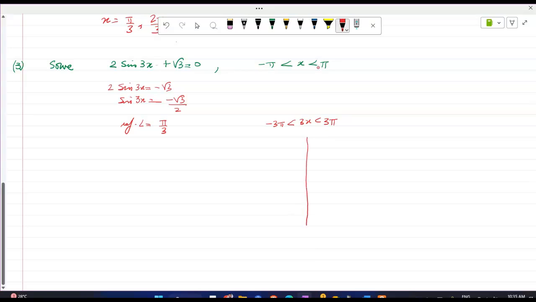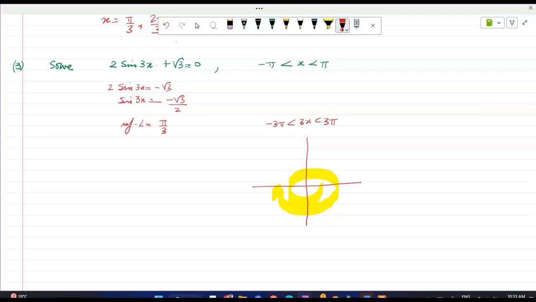So what are we looking at is, first of all, your reference. Then let's draw this highlighted. So minus pi, minus 2 pi, minus 3 pi. We're looking at minus 3 pi. So to look at all the solutions in that, we'll start looking from there. So reference angle is this.